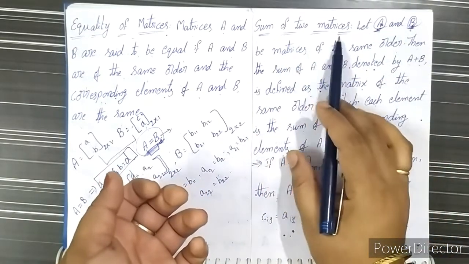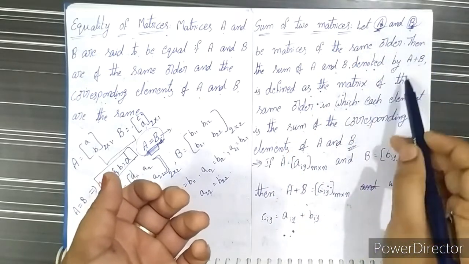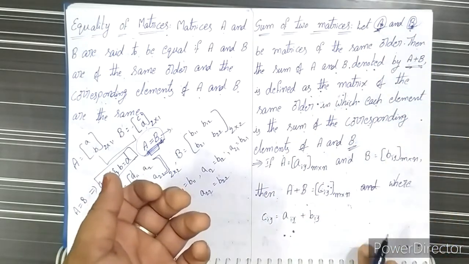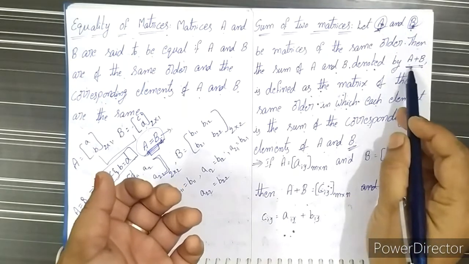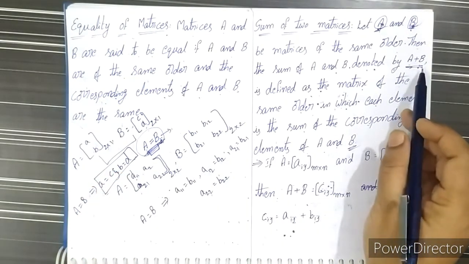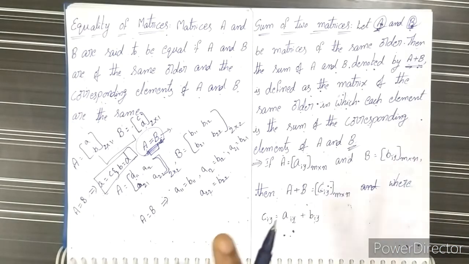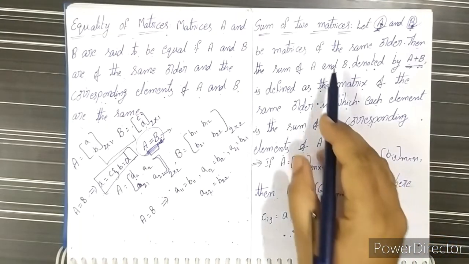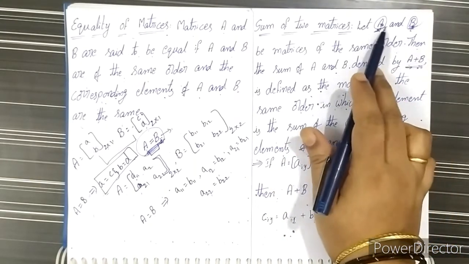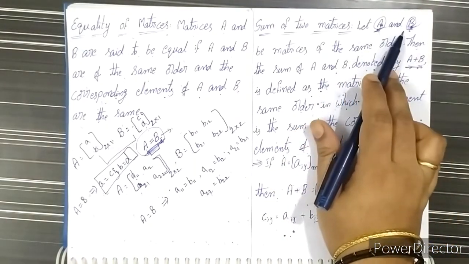The sum of the matrices is denoted by A plus B, and it is found by adding each of the corresponding elements of the matrices.